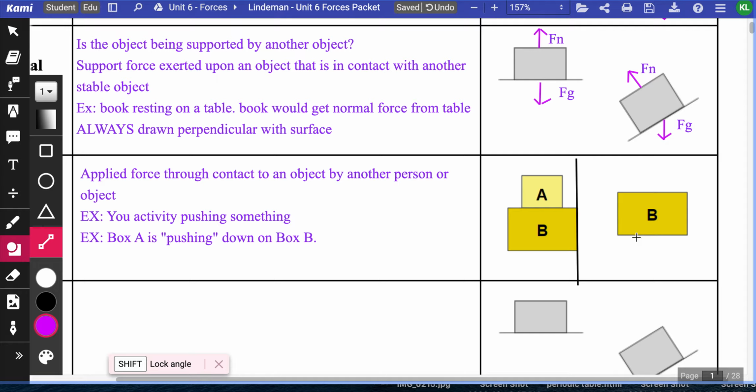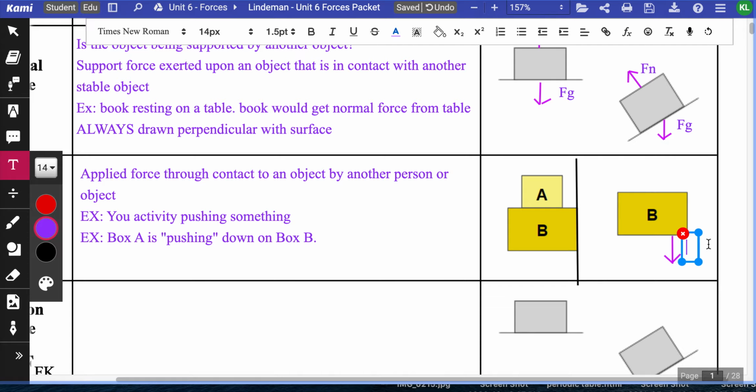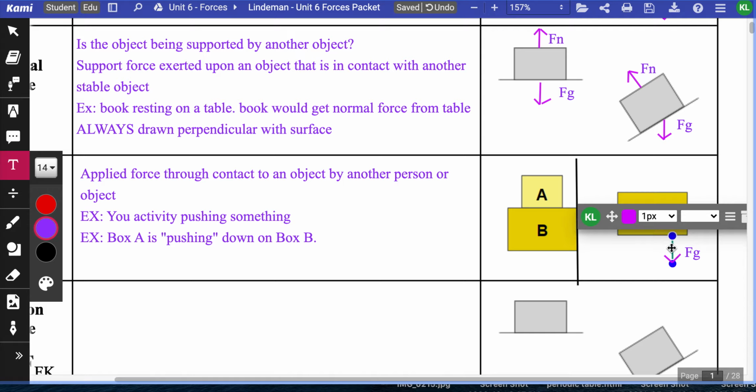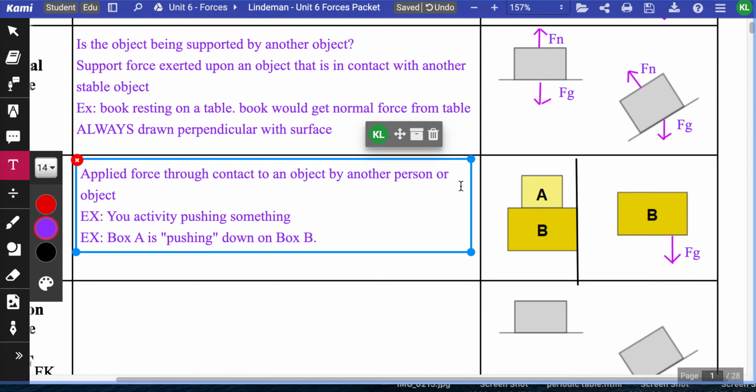What we're going to end up having, so box B is on planet Earth, right? So box B definitely has gravity force. Actually, here, let's do this. Okay, so let's say that this is box B on its own, and then this is box A and B together, okay?